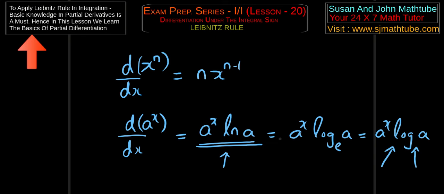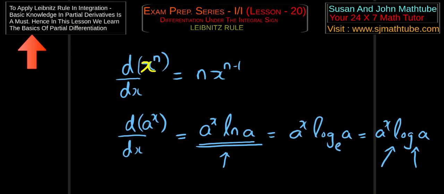But some of the mathematicians believe in calculus you can use logarithm for ln a because it is assumed that calculus has been developed with the assumption it's to the base e. Anyway, it's your choice. Okay, now the focus is, look at this. The first one, x is the variable and n is a constant.